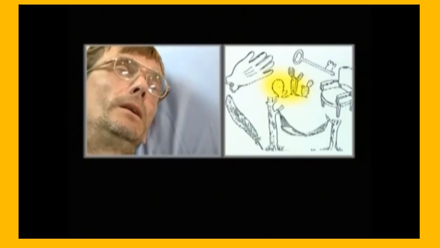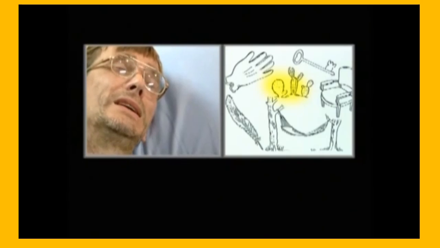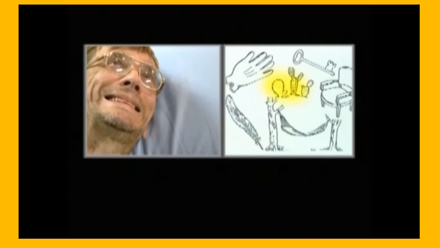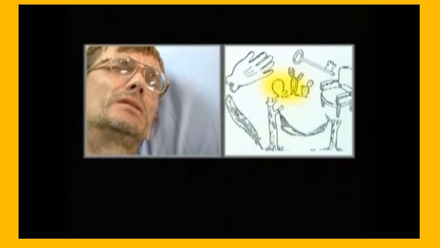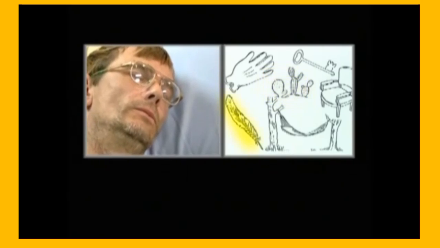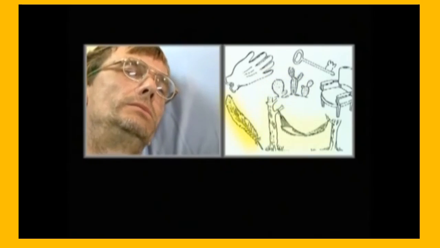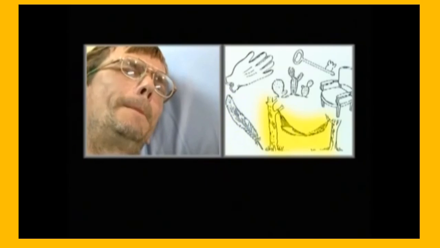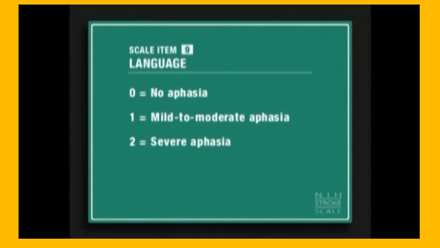Cut. I cannot pronounce. Okay. How about Cat. Cuts. Good. All right. How about this one here? Feather. And this one here? Hammock.